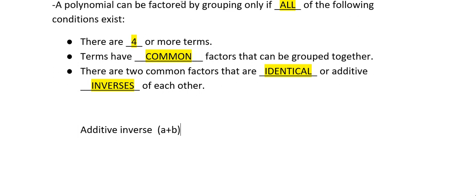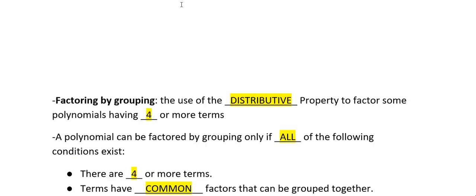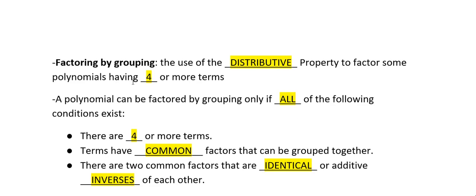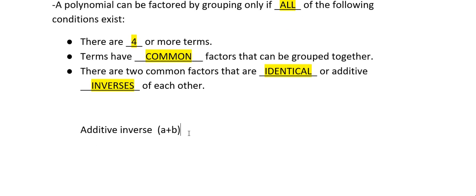It's the polynomial part left after pulling out a GCF, like we had above. Maybe we have an a plus b left after we pull out a common factor. The additive inverse of a plus b is you take what is there and make the signs opposite. So the additive inverse of a plus b is just -a minus b.